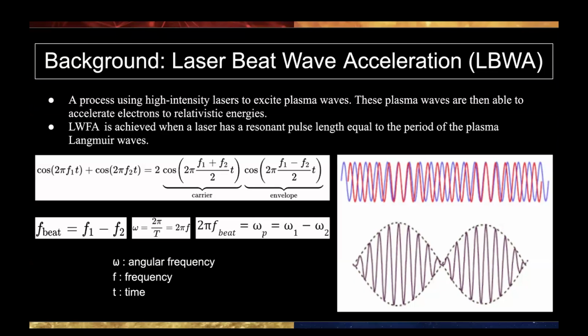Putting those two together, you end up with 2 pi times the beat frequency equaling the angular frequency, which equals the angular frequency of the first minus the angular frequency of the second, similar to F1 minus F2.